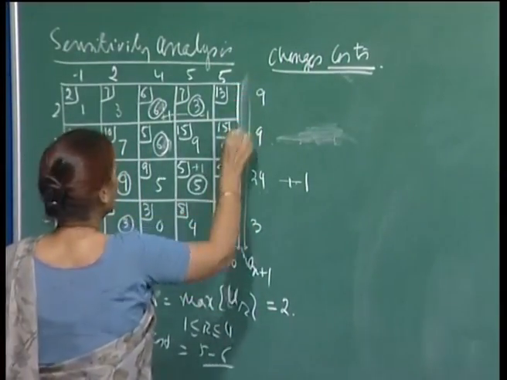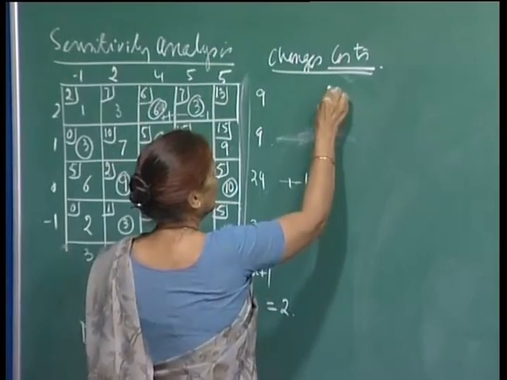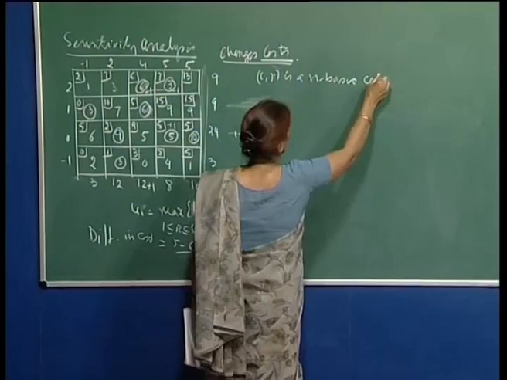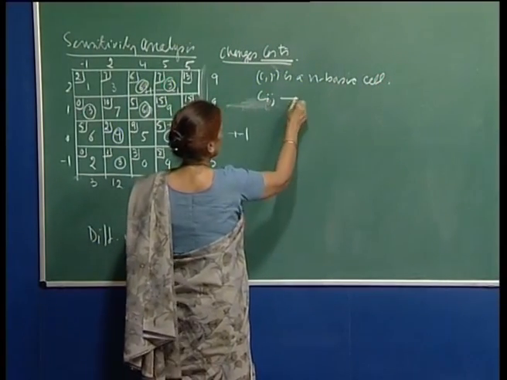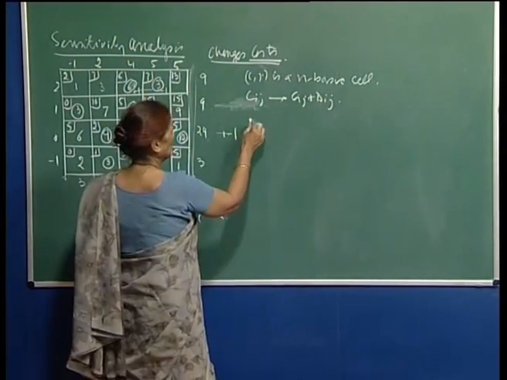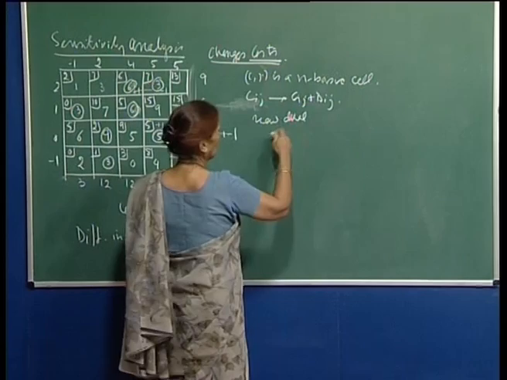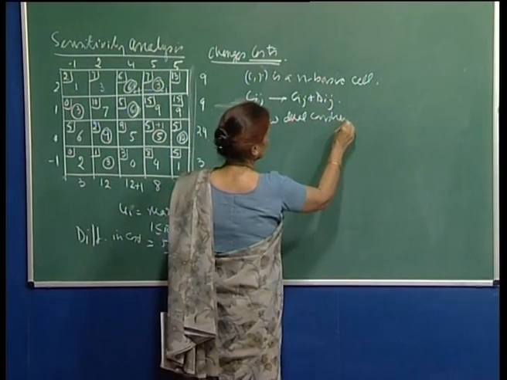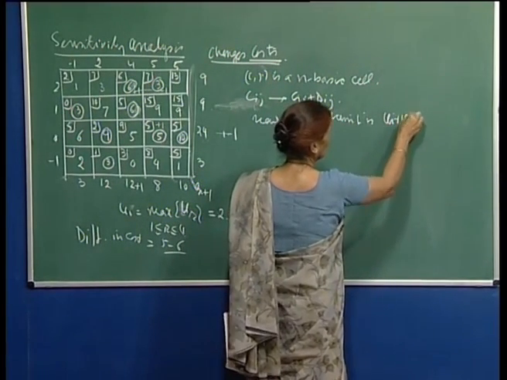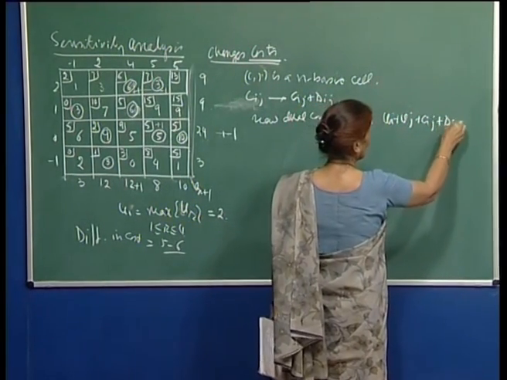So, I have computed the C bars here, and what we are saying is that if I j is a non-basic cell, and your C I j goes up to C I j plus delta I j, then it is very straightforward, because the new dual constraint, or the optimality criterion, is u I plus V j, so C plus C I j, and here it is delta I j.